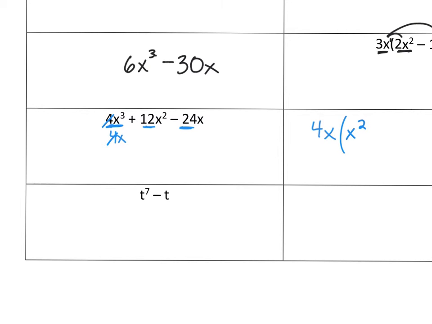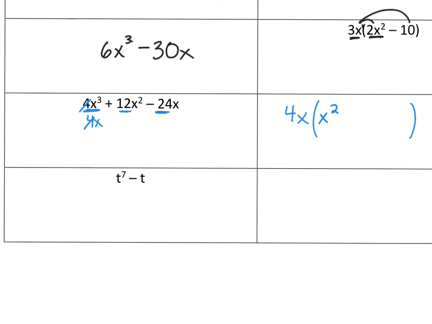And then x to the third over x, we subtract those exponents to just give me x squared. Second term, 12x squared. When I take out a 4x, what's going to be left? 3x. Good. So a plus 3x. 12 divided by 4 is 3. X squared divided by x is x.